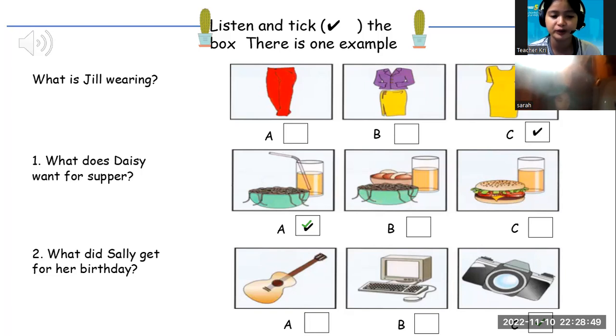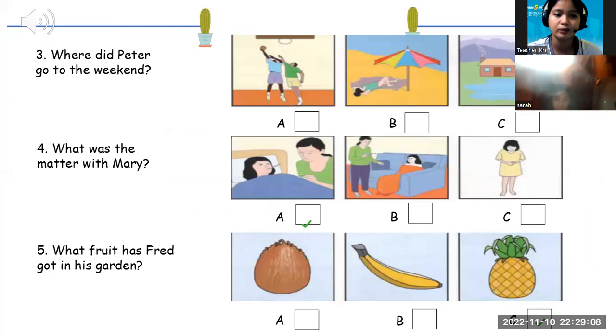For number 2, what did Sally get for her birthday? She wanted a guitar and a computer, but her parents gave her a camera. For number 1 and number 2, you got it correct. So let's move on to number 3, 4, and 5.